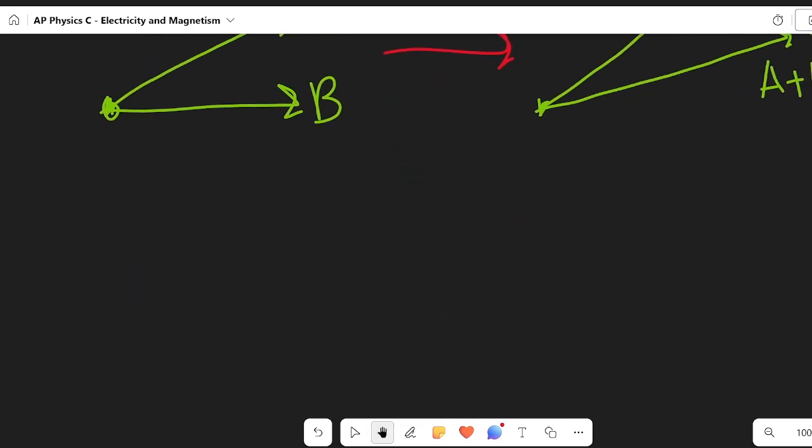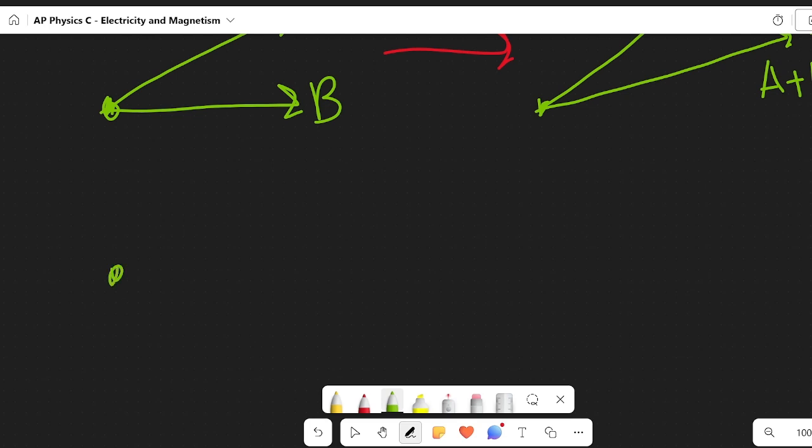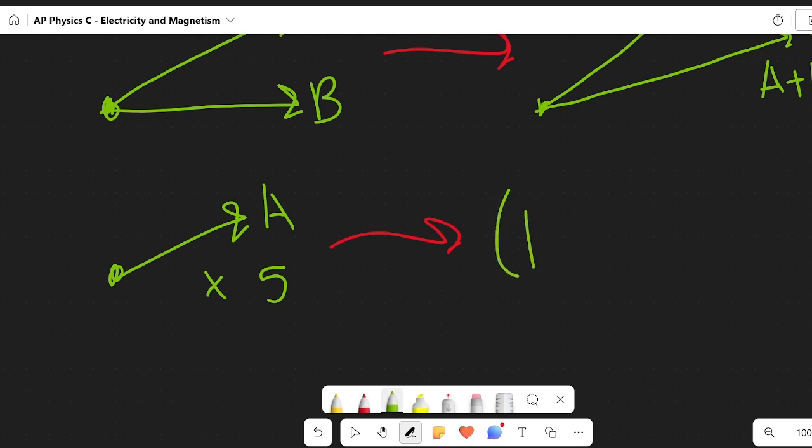Now let's go over scalar multiplication. For scalar multiplication, essentially you are taking a standard vector, vector A, and multiplying it by some scalar, like vector A times 5, for example. This is actually pretty simple. Vectors are made up of magnitude and direction, while scalars only have magnitude.